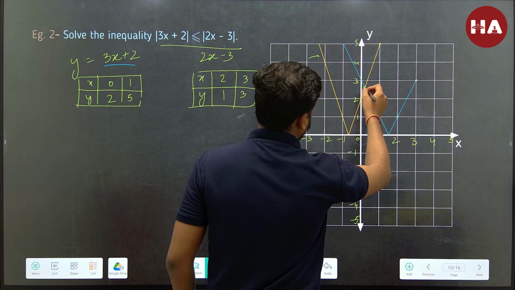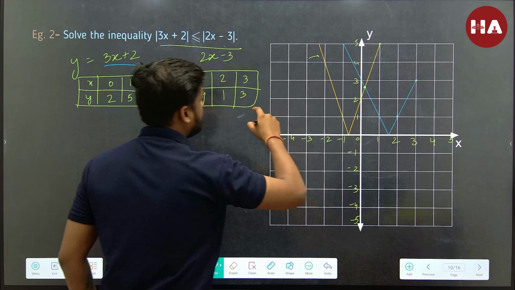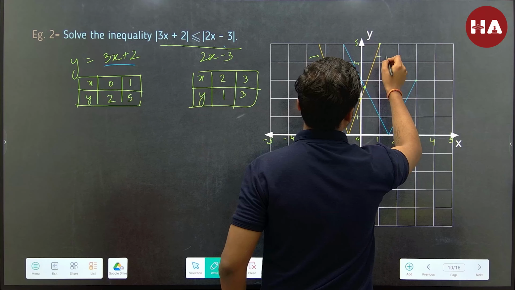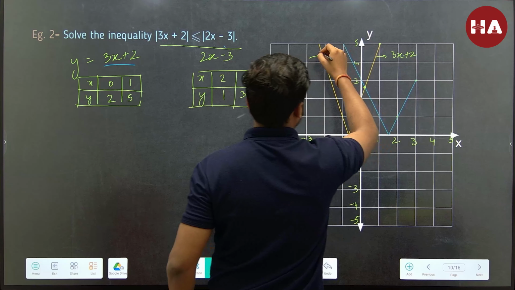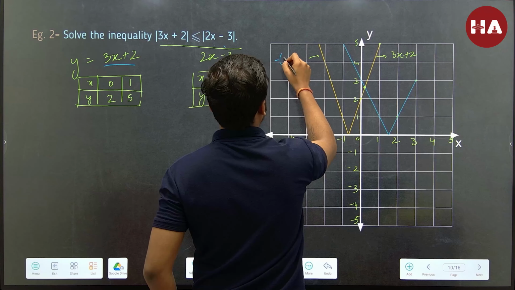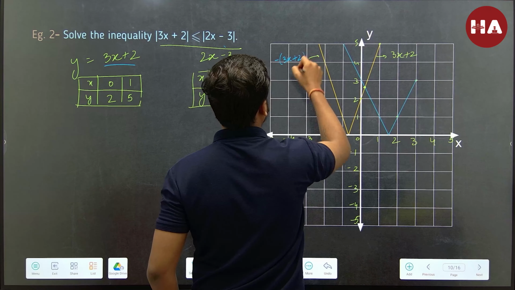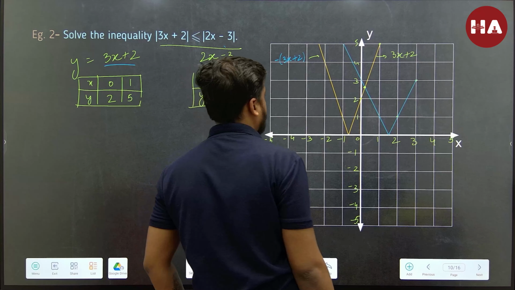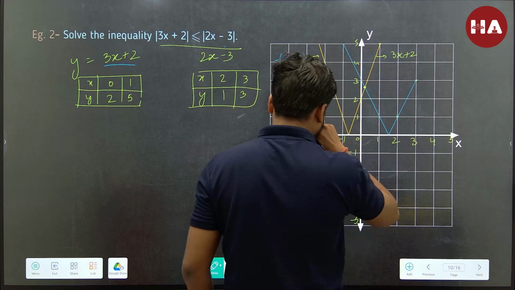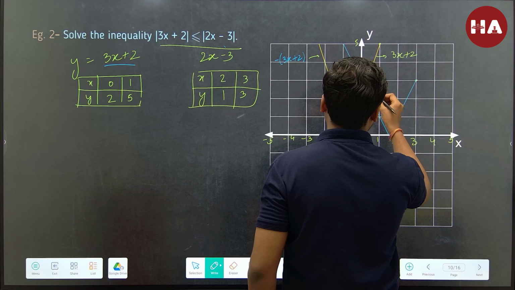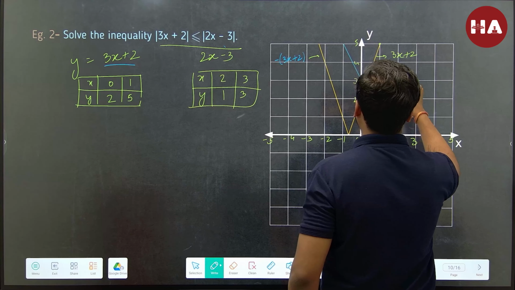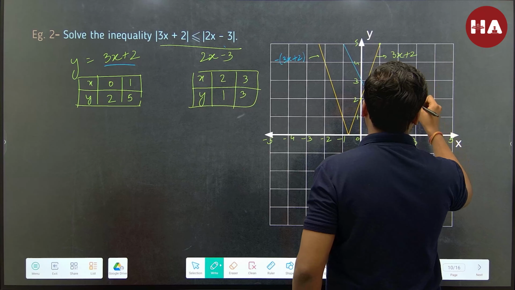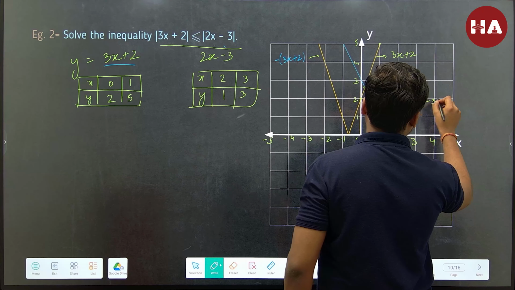Let's find out this point, that is, what is the equation of this line? This is 3x plus 2. What is the equation of this line? Minus of 3x plus 2, correct? All right, now this line is minus of 2x minus 3, and this one is 2x minus 3.